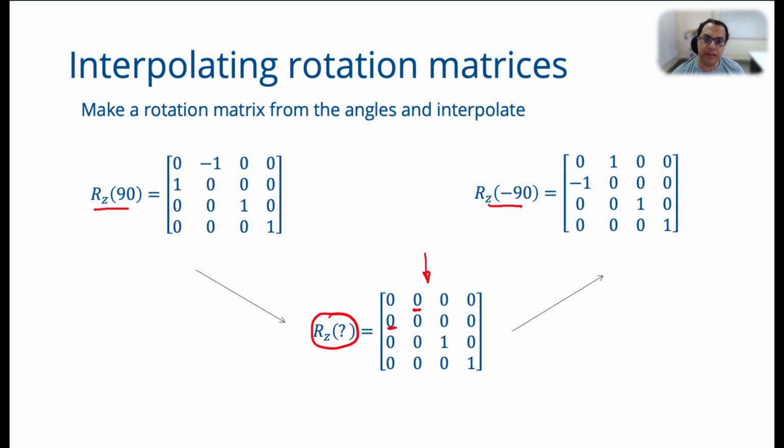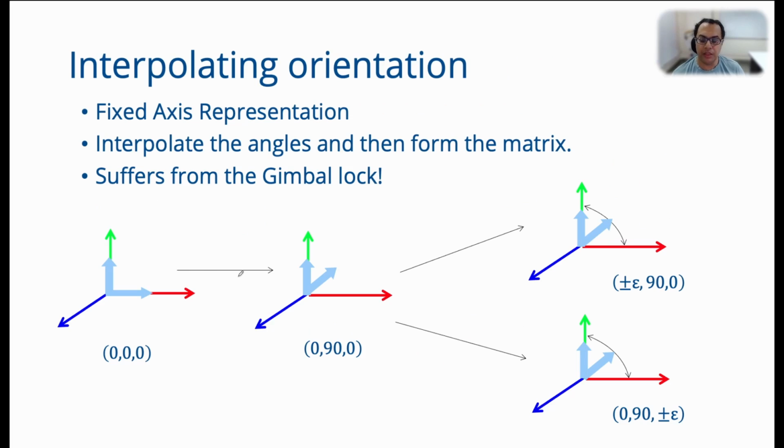The better and the more convenient thing to do is therefore interpolate in the space of the triplet of angles themselves. So how do you do that? Well, if your angle changes from say 0, 0, 0 to 0, 90, 0, this is orientation 1 and this is orientation 2.